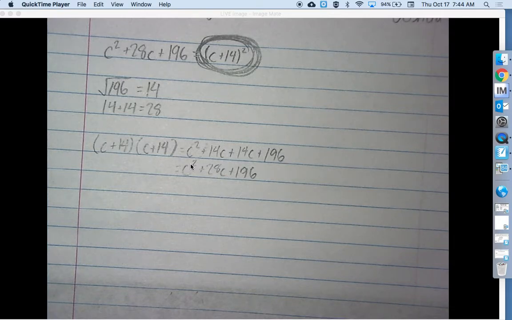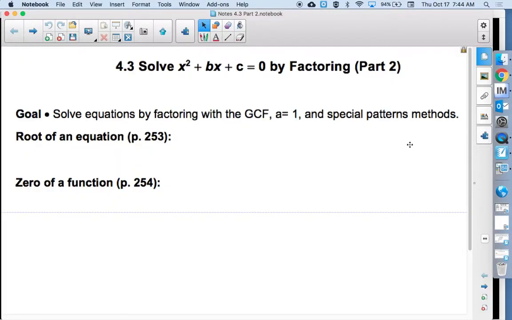Just a little page. So this is part 2, section 4.3, still factoring.